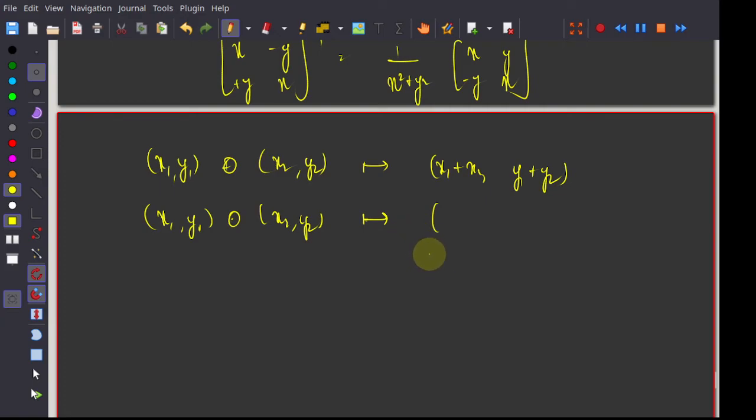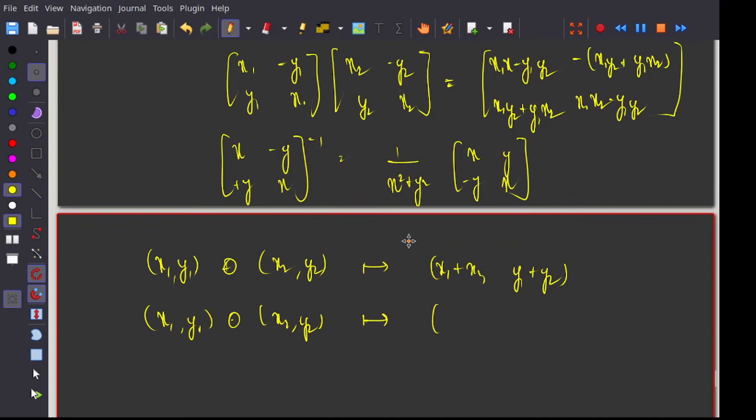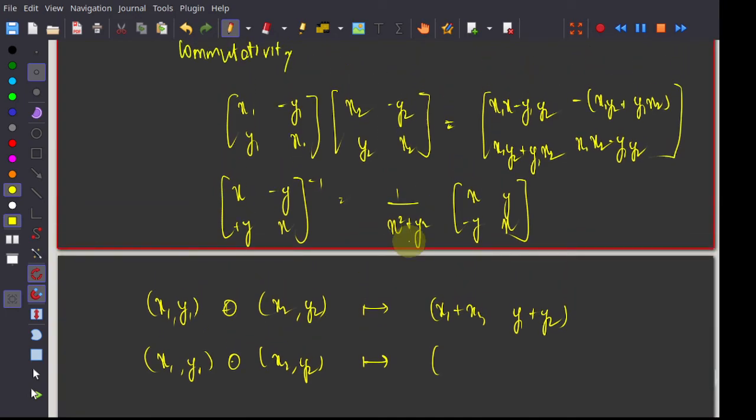What do I get? Yeah? What do you mean one element is two? x1, x2?